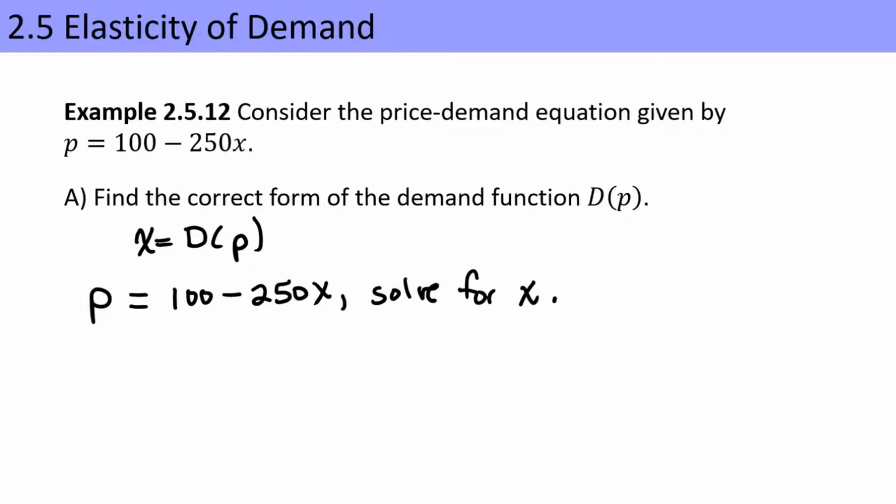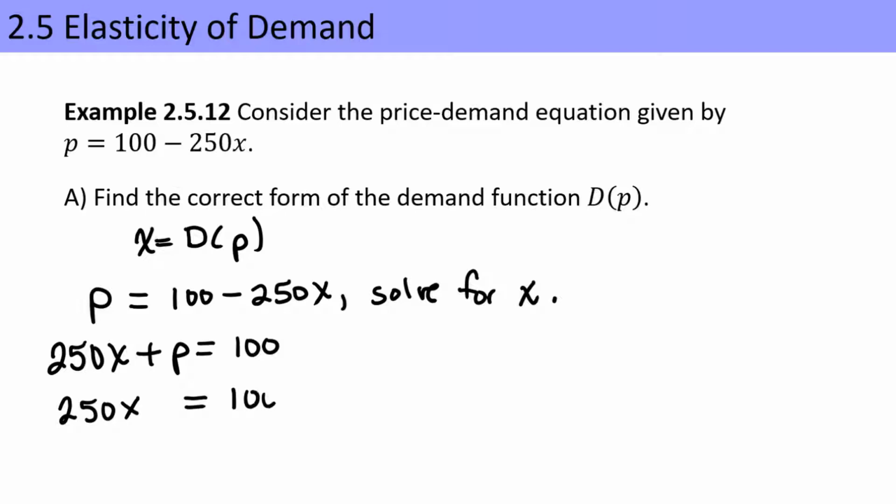I'll add 250x to both sides. So I got 250x plus p equals 100. Let's subtract p from both sides. So 250x equals 100 minus p. And to get x by itself, divide by 250 on both sides. Then we get x is equal to 100 divided by 250 minus p divided by 250.